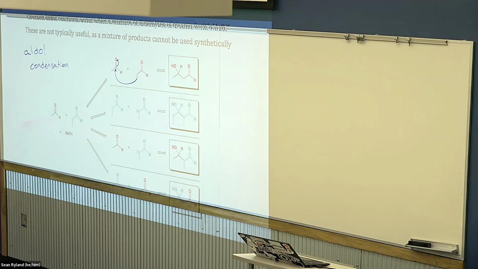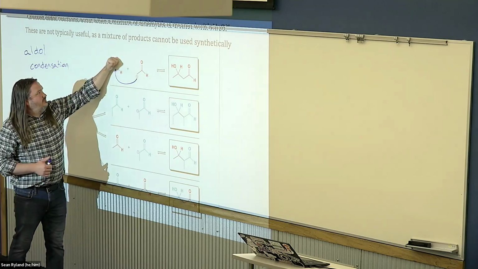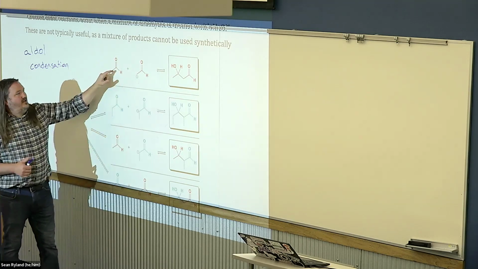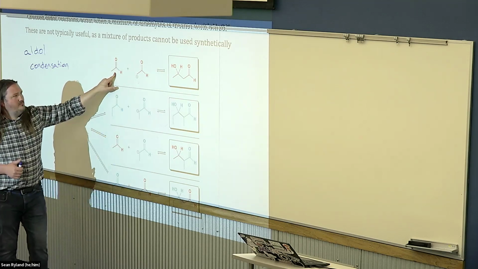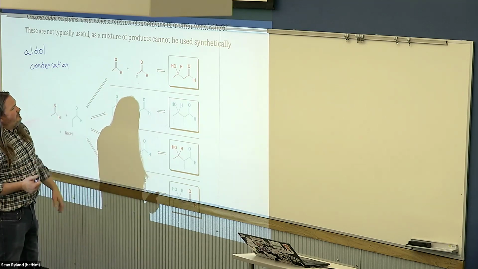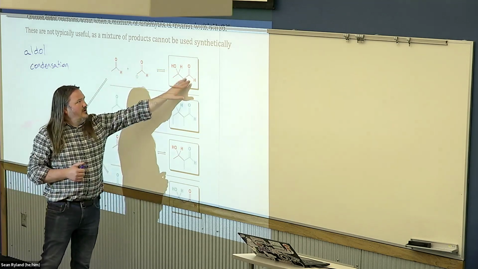You condense them, like condensation means a bunch of water molecules sticking together. So a typical aldol condensation is when you have the same molecule as both the enolate and the aldehyde, and you wind up with some combination product.